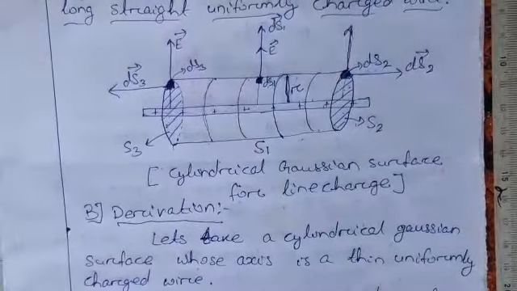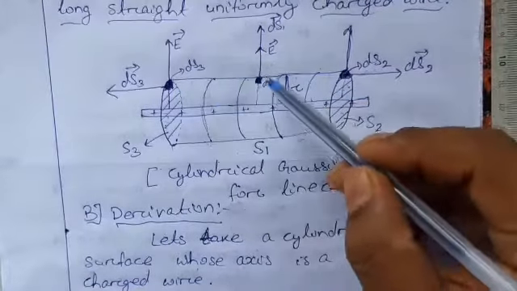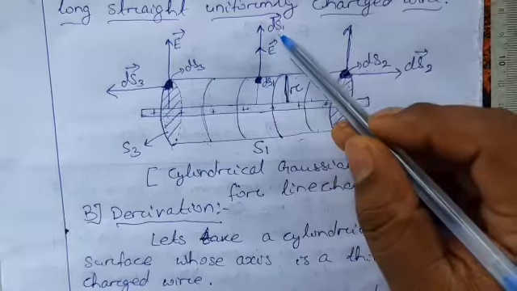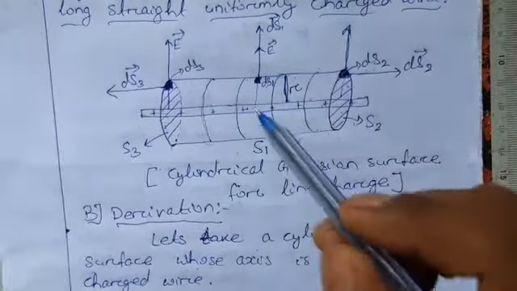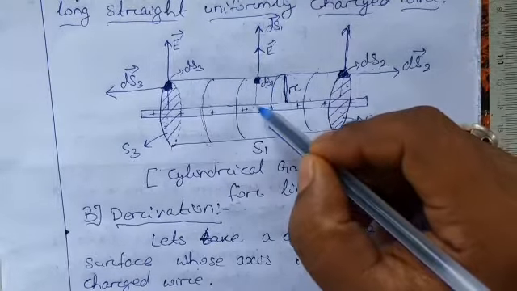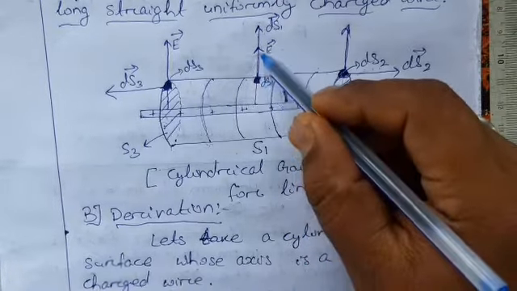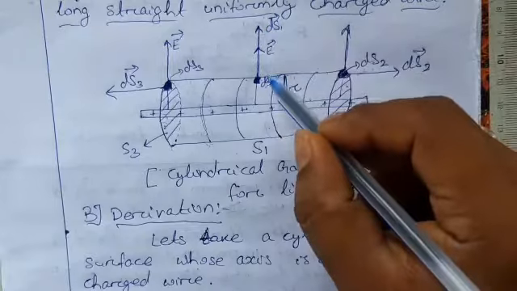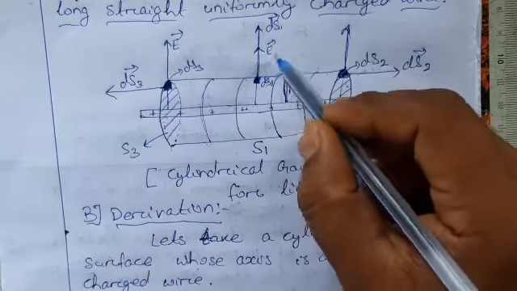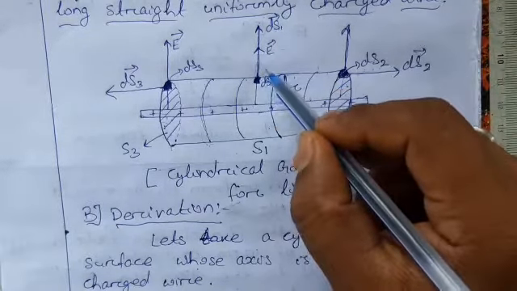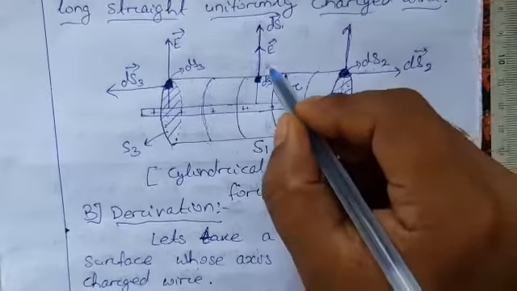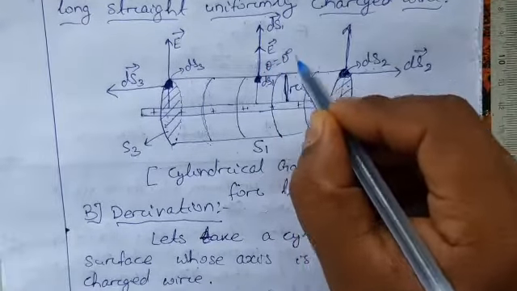what is the angle between electric field and ds1 vector? See, this is the electric field which is radially outward, and ds1 vector is also radially outward. So in that case I can say angle theta equal to 0 degree.